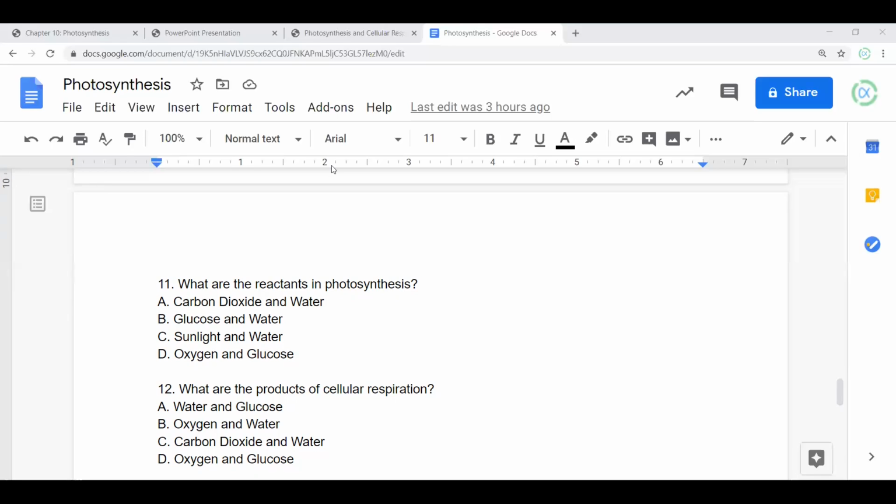So if you remember, our cellular respiration equation is that oxygen and glucose make carbon dioxide and water, therefore the answer is C. A great way to remember this is that animals breathe in oxygen and breathe out carbon dioxide.